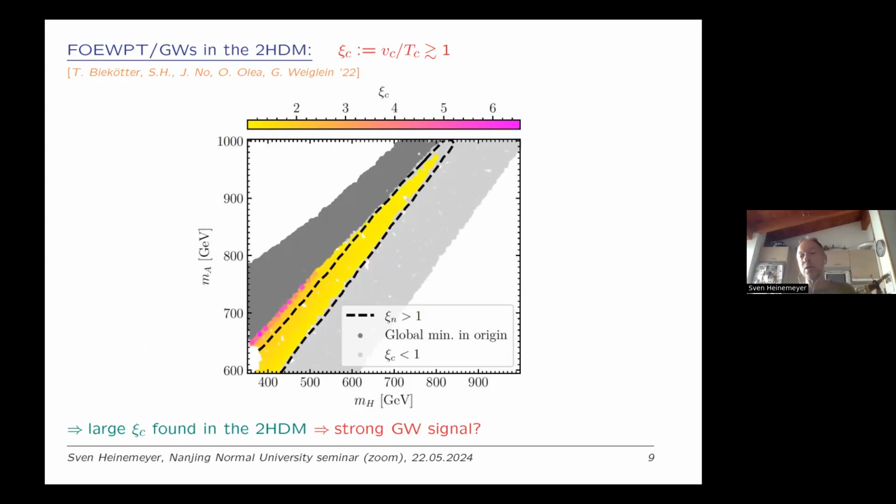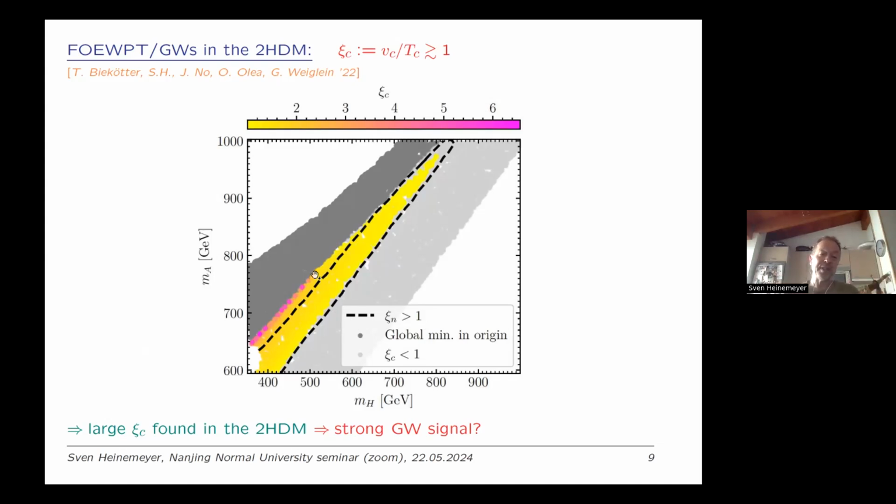However, there's one more line in the plot, and this is very important, which is the black dashed line, which is close to this colored area where Xi-C is larger than 1, but not really the same area. And this is actually where the transition to the new vacuum takes place, meaning at a slightly lower temperature Tn that I indicated before, this transition actually takes place.